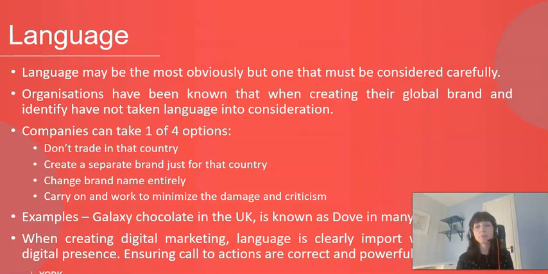So an example of that, in the UK, we have Galaxy Chocolates. That's been a well-established brand. But in other countries such as China, the same brand is known as Dove. And actually, chocolate is an interesting example of a product where the formula is very different in different countries.